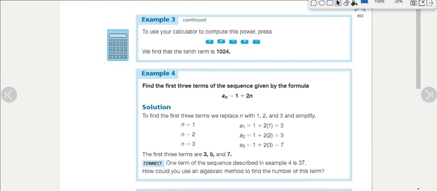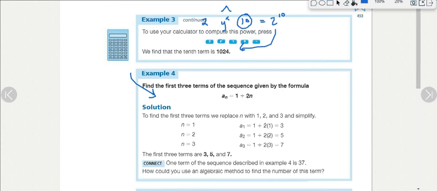You would type in 2, and if you've got this y to the x key, you could hit that and then type in 10 equals. So you hit the number you want, 2, and the y to the x, or maybe it's a caret, either one, then you put this in, it counts as an exponent. That means 2 to the 10th, or 1024.